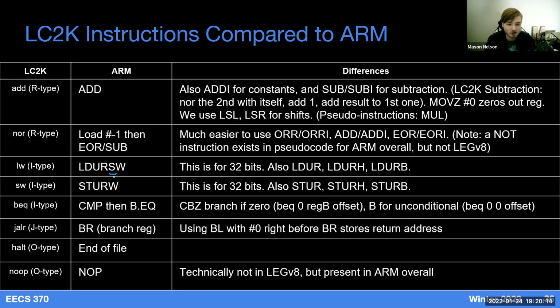If it's just a LDR W, that will zero out the upper 32 bits. But if it's a LDR SW, it'll do a sign extension for the upper 32 bits. And I think we also have LDR SH, which does a signed half word, which is 2 bytes. And then we also have LDR signed byte.